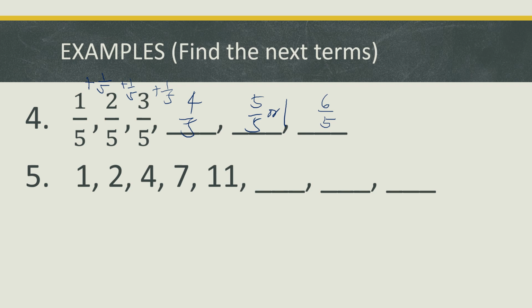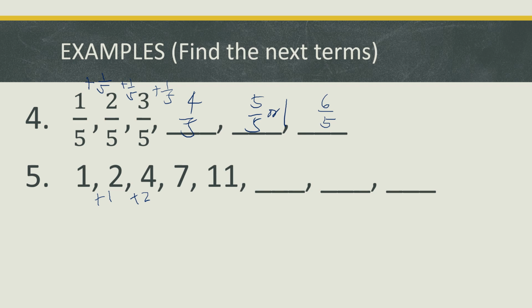We are adding 1, right? So si 2 naging 4, it can be adding 2 or multiplying by 2. Kaya lang, mag-take tayo ng idea doon sa first pattern natin that we are adding 1. So, since adding 1 yung una natin, it can be adding 2.